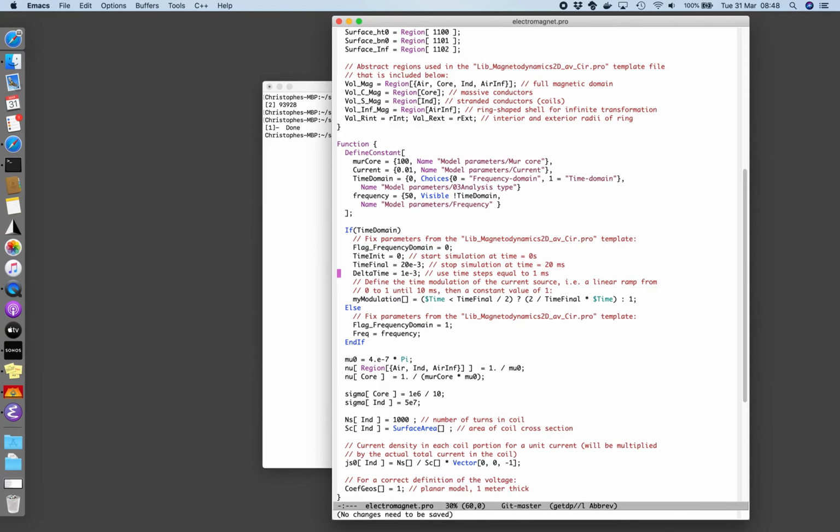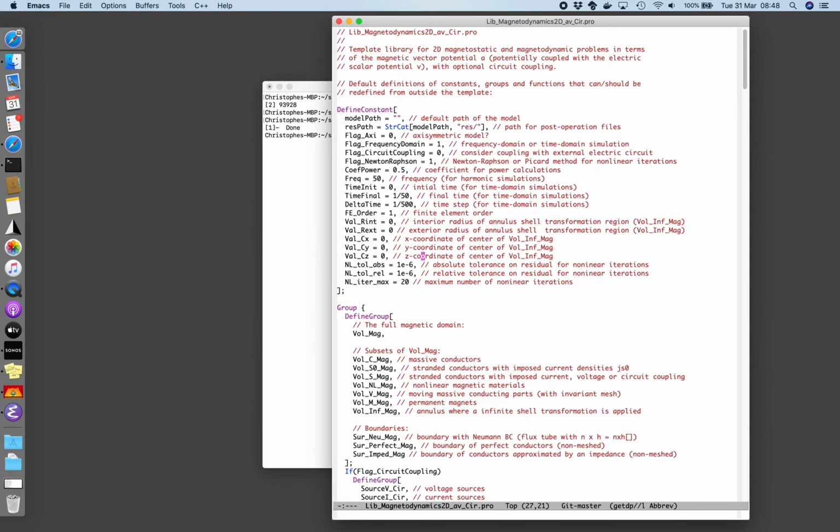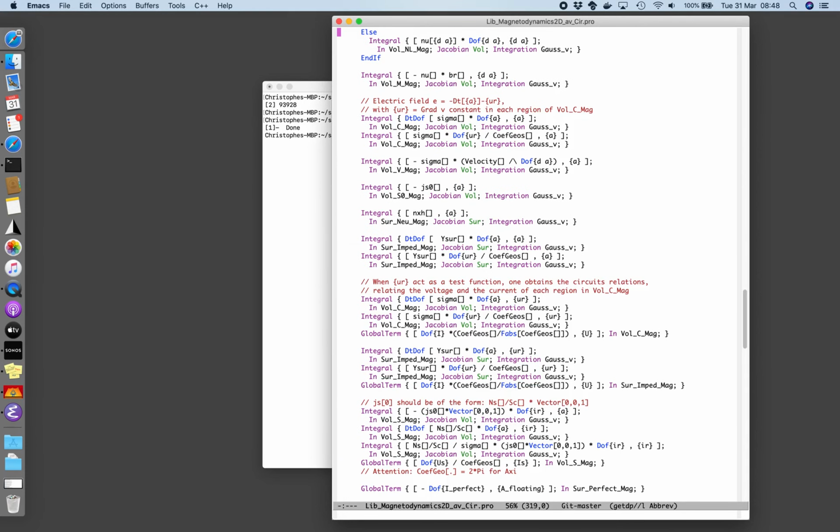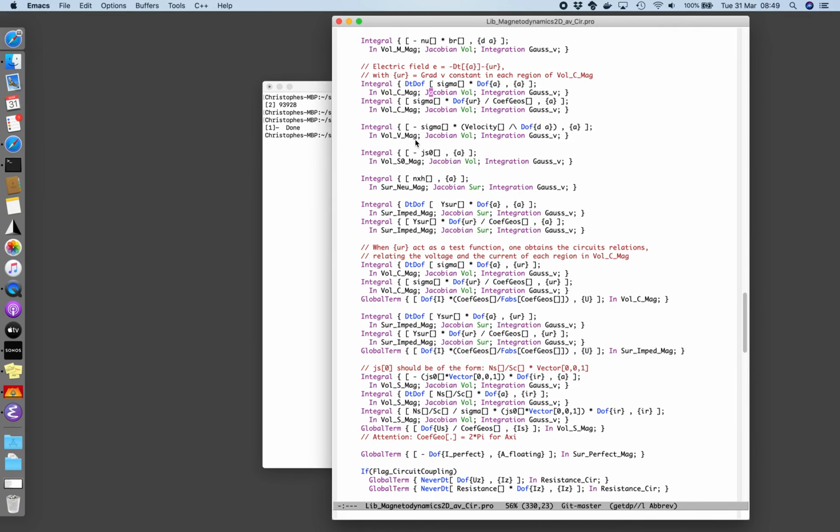If I look at my library, the equations over here, you can write them once for all, provided that each time you see dt, and if you are in the frequency domain, you replace dt by I times the pulsation, I times omega. And so that's the reason why you can write the equations in the frequency domain or in the time domain a single time. You don't have to rewrite them.